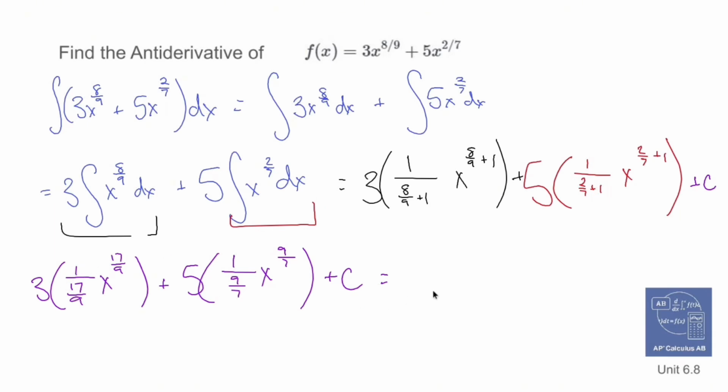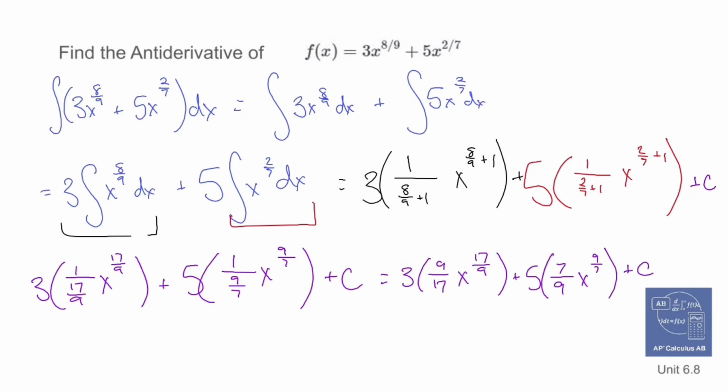So reciprocal stuff, 3 times 9 over 17, x to the 17 over 9, plus 5 times reciprocal 7 over 9, x to the 9 over 7 plus c.